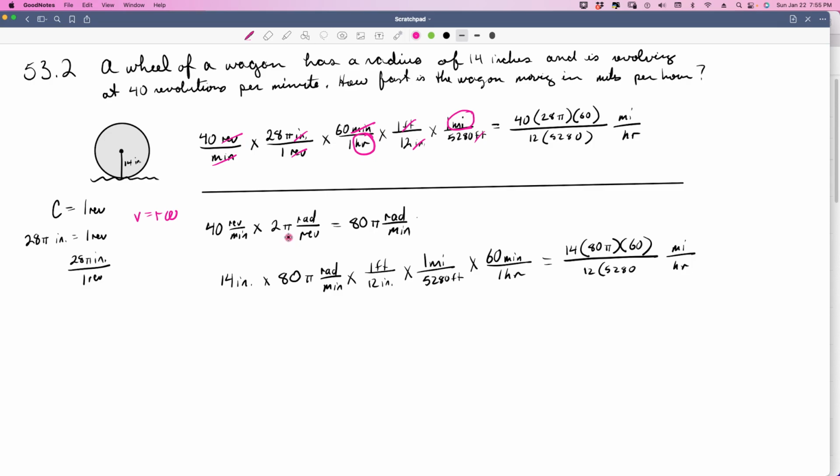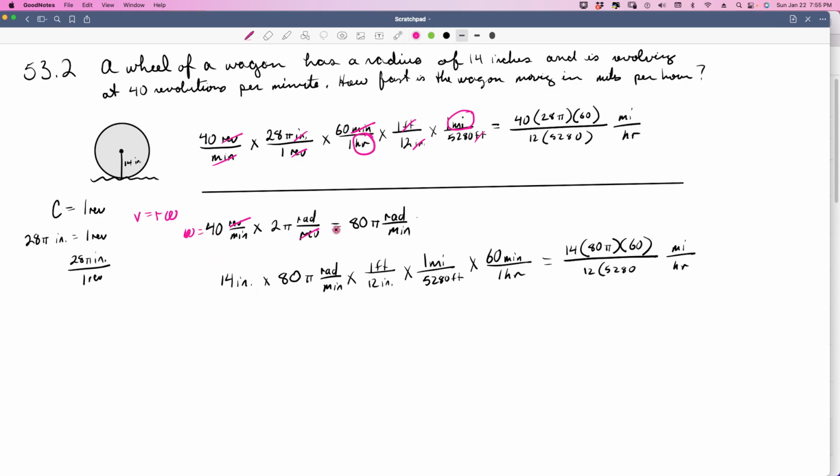You use it based on what it means. So we had 40 revolutions times 2 pi radians per revolution, which gives us 80 pi radians per minute because the revolutions canceled. So then you multiply this radius times the rate, the omega, right? This was the omega. That's what we solved for.